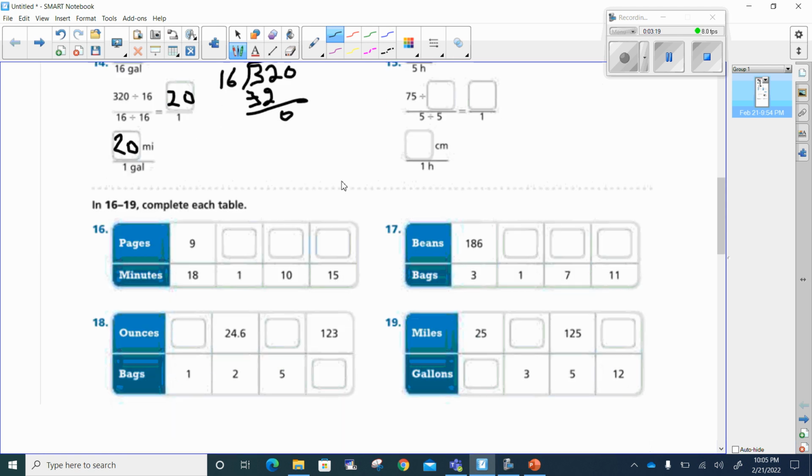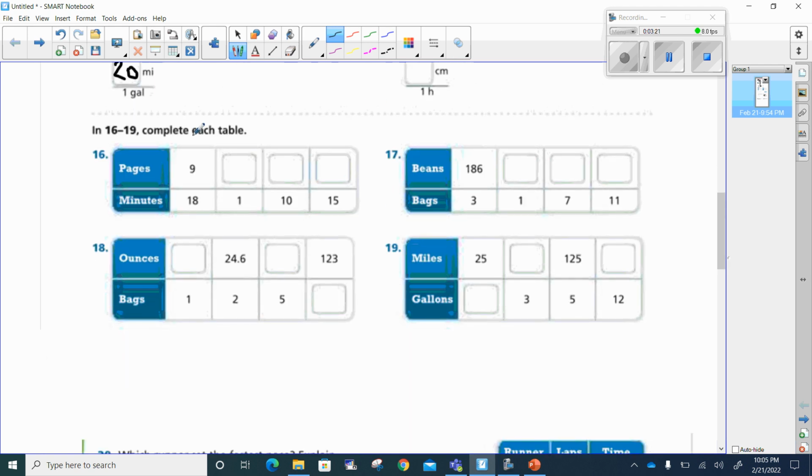All right, going to number 16, complete each table. I have to see how much it increased from here to here to here. It was 18, then 1, then 10, and 15. So we have to ask ourselves, in 1 minute, over here it increased by 5 each time, right? Which means it had to increase by 5 each time over here.